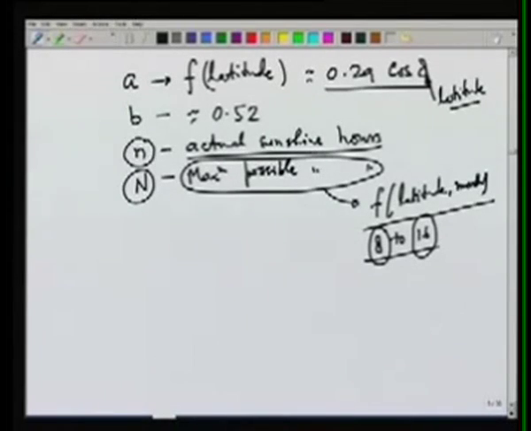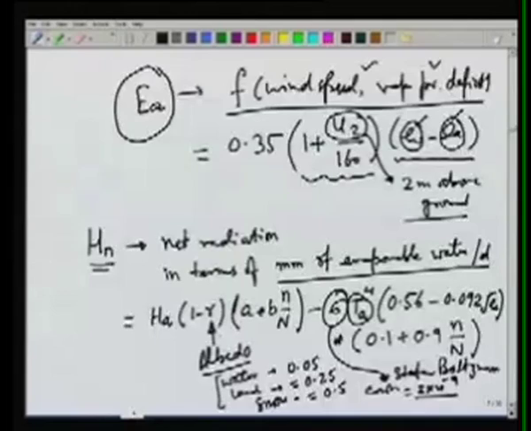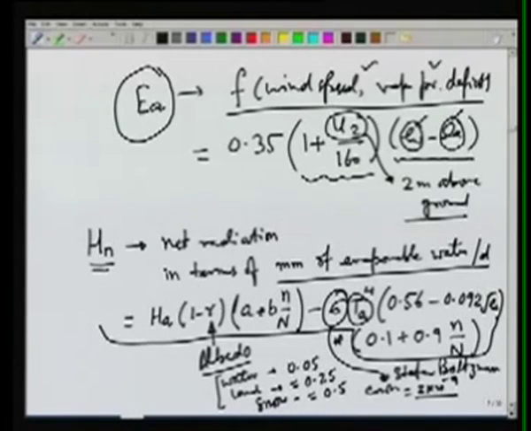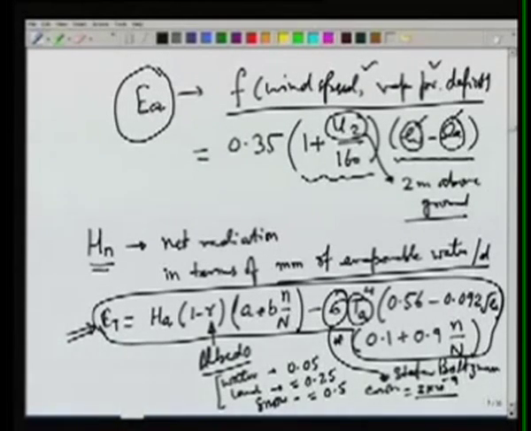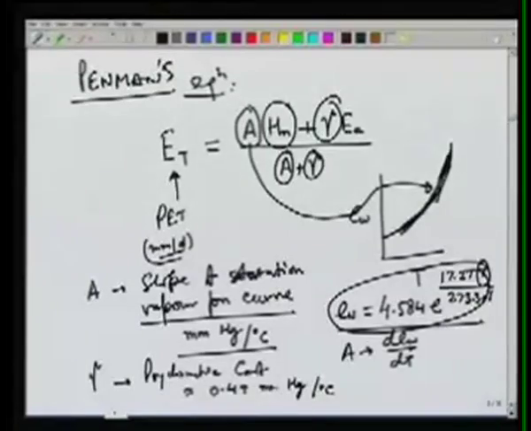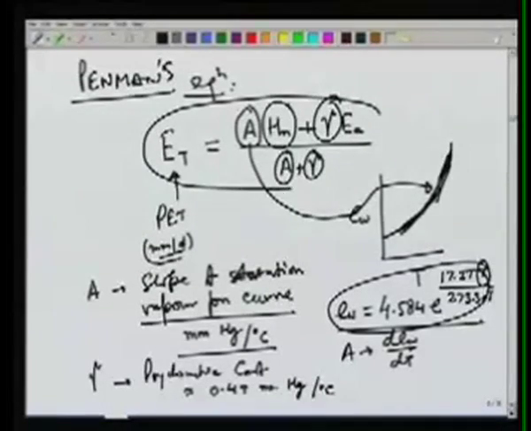So knowing all these values, we can estimate the evapotranspiration using the Penman's equation. Hn, and then Et using the Penman's equation.